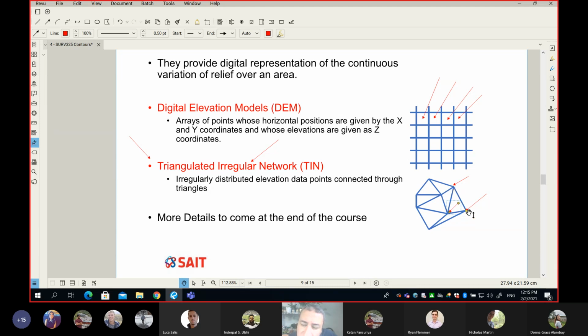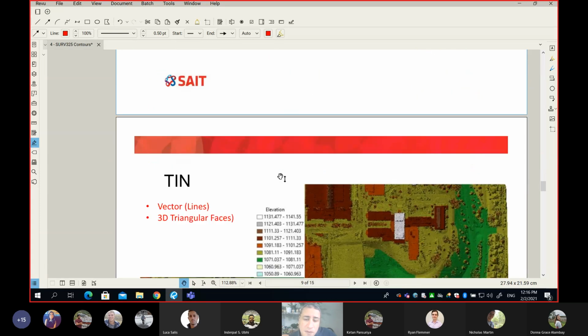And the computer will simply connect these points by a triangular face, and it keeps doing this over and over and over, so it ends up with a network of triangles. And that's why it's called triangulated irregular network. You will get more details about this model today in the Civil 3D portion.